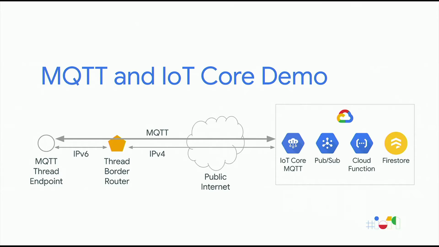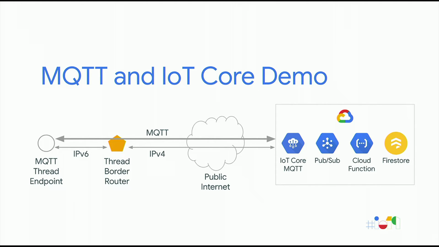So now let's take a look at how this works in a live demo. In this demo, we'll be using a Nordic dev board as the MQTT endpoint. The Nordic dev board communicates securely end-to-end with IoT Core's MQTT bridge. Now, the thread border router will use a Raspberry Pi with the Nordic USB dongle.